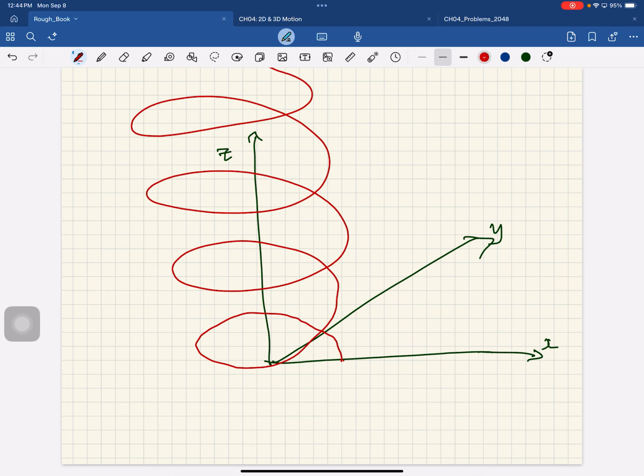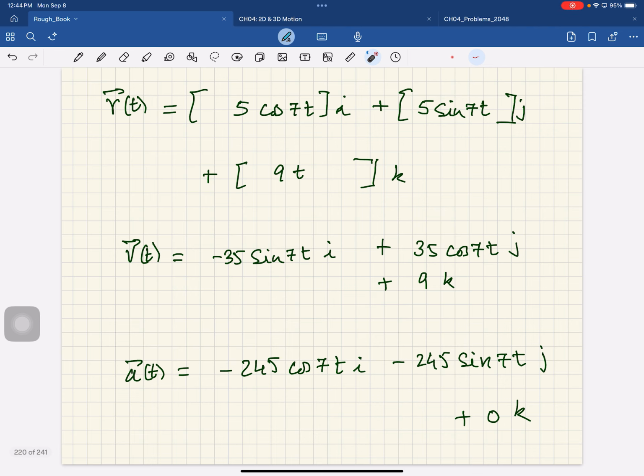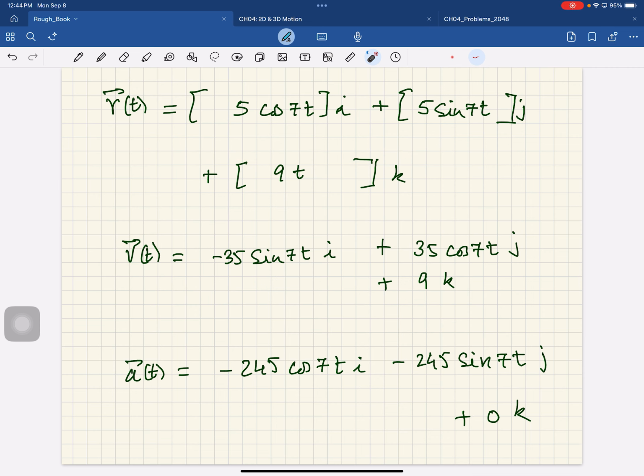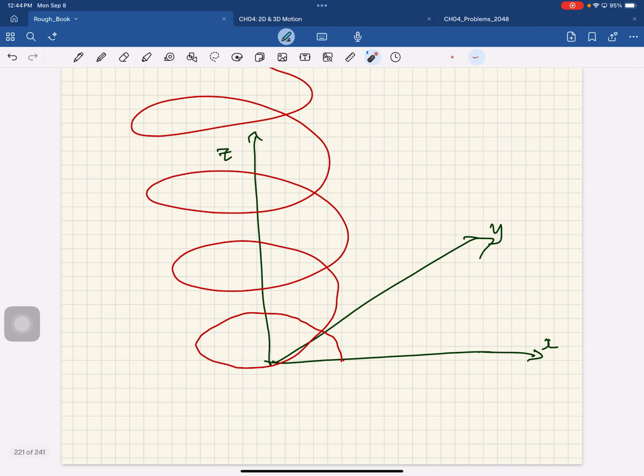It's going at 9 meters per second in that direction. Here's the position as a function of time, here's the velocity as a function of time. And you'll learn that the velocity at any instant is tangent to the path.